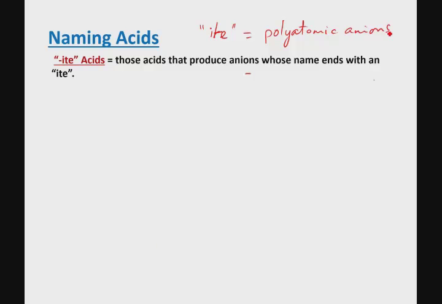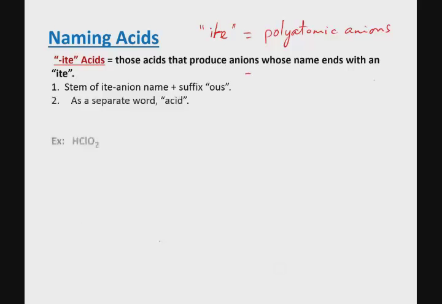Okay, so let's look at the steps for naming these. Just as before in case of the -ate acids, notice that there is no hydro prefix. We replace the -ite in the name of the anion with a suffix -ous, and attach a separate word acid.